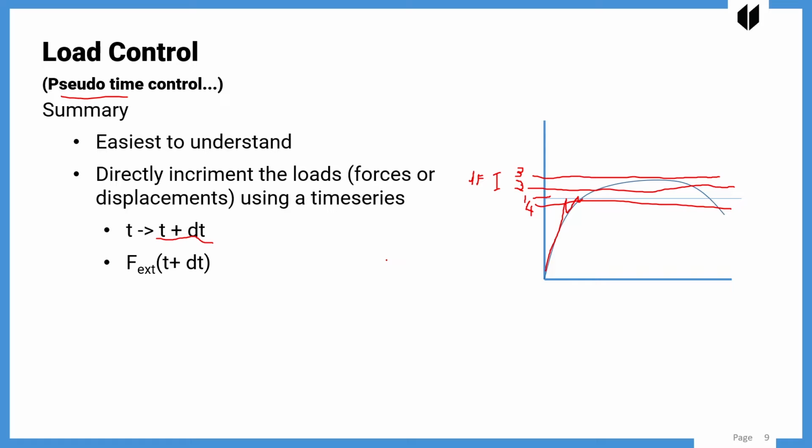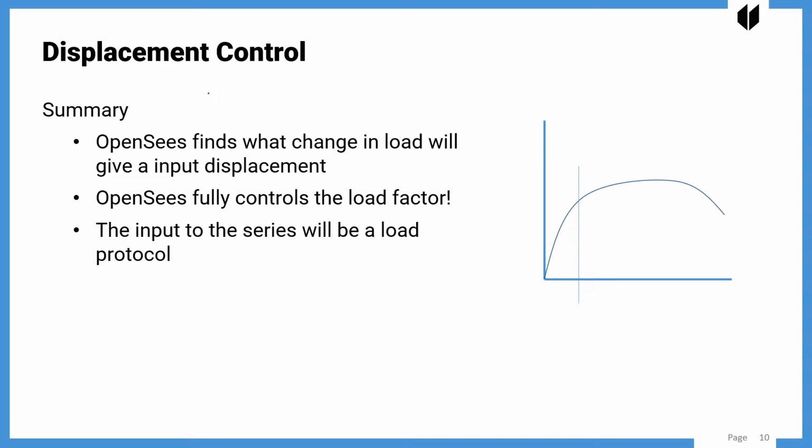Okay, the next integrator is the displacement control integrator. So this one behaves a little bit more like the theory behind displacement control. The big difference here is OpenSees is now fully in control of the load factor. So what we do in this algorithm is we tell OpenSees, okay, I want some du in the model at some degree of freedom. So imagine our cantilever. We'll tell it what node we want, so node 3, and then the degree of freedom.